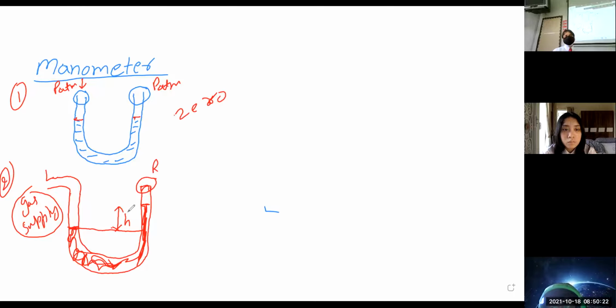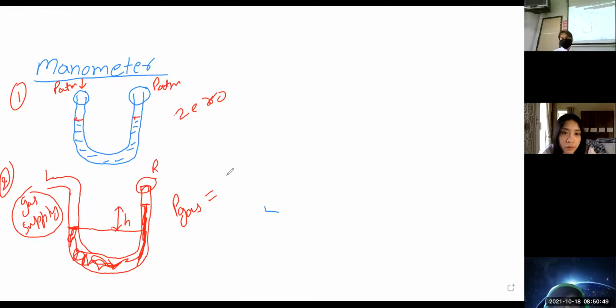This h can be in centimeter or millimeter. Now the actual question is that you need to measure the pressure exerted by the gas supply. So the pressure of the gas supply is equal to the difference in the height. Is equal to what, children?